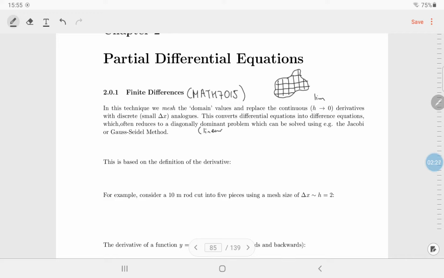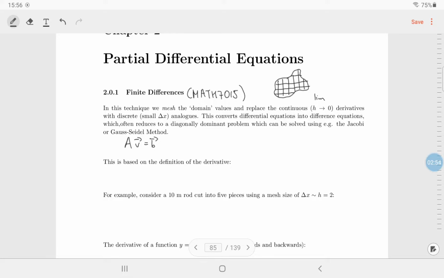You end up with something of the form Av = b, a matrix equation, but a diagonally dominant one, which means the solutions are easy to approximate using Jacobi or Gauss-Seidel.